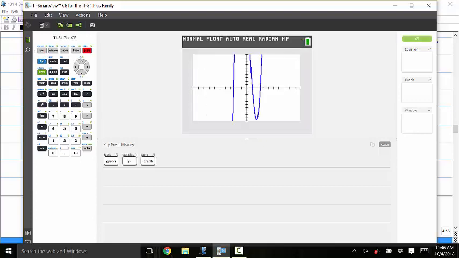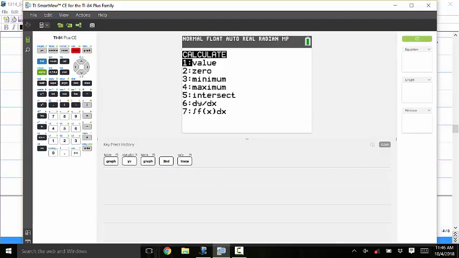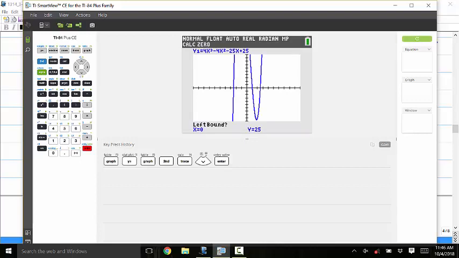I'm going to do second calculate, 0. So I want to calculate my zeros. Go down to number 2 and hit enter. Now it tells me to find a left bound. I want to go to the left of my 0.